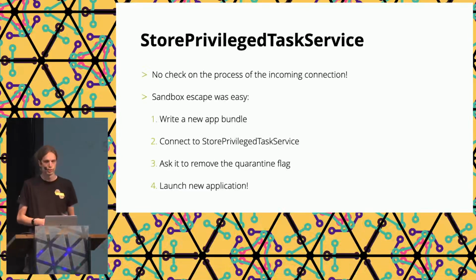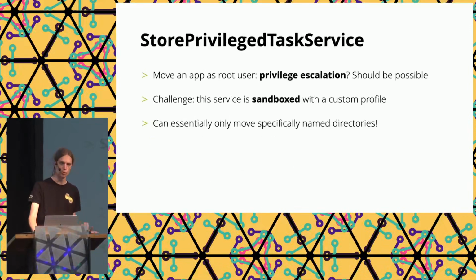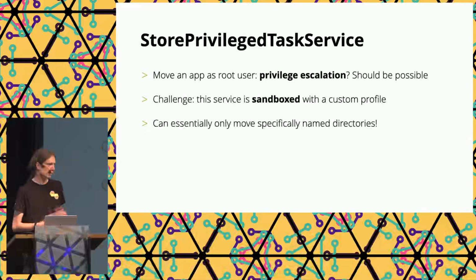But you could remove it and then launch the application to escape the sandbox. But we found this and we thought, well, we can probably do more than this, because we can also move things around as the root user. And it's generally something you can use for privilege escalation.